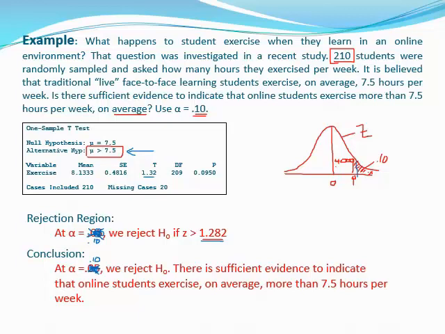Now, in the last problem, we used the 0.05, and I didn't catch that when I copied and pasted some stuff over. If I use a 0.05 in this case, this number would be 1.645, and the 1.32 wouldn't be further out. So at 0.05, we'd fail to reject. There'd be insufficient evidence at 0.05.